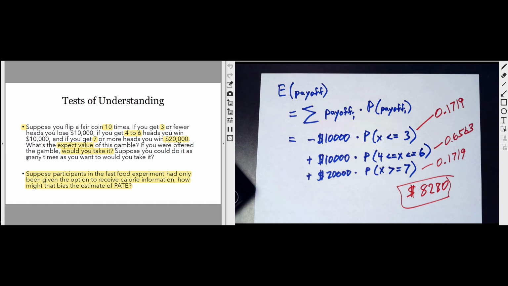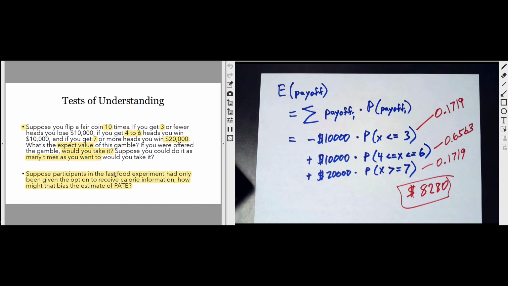But if you could do this as many times as you want to, that is, suppose that this offer was made to you saying, well, all right, look, we're going to play this game, and we'll settle up when you're done playing.